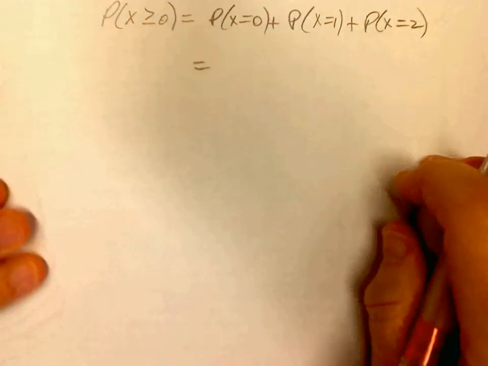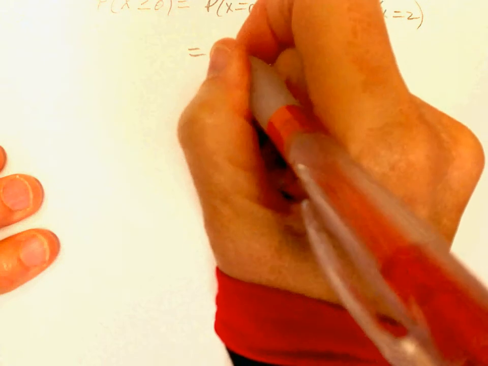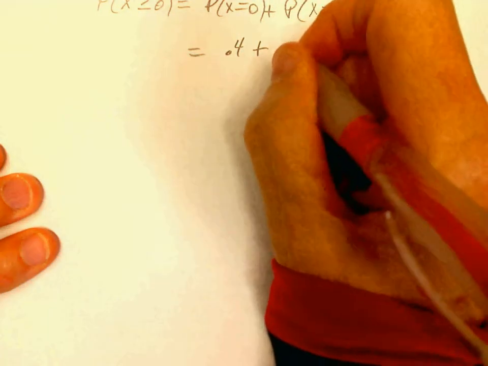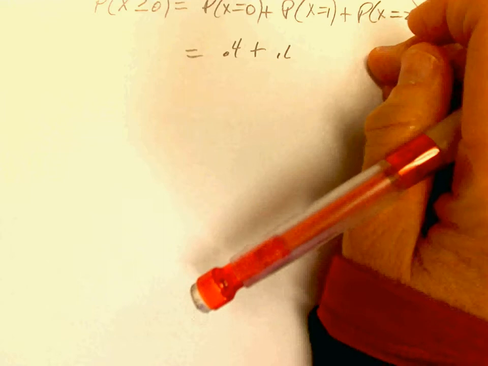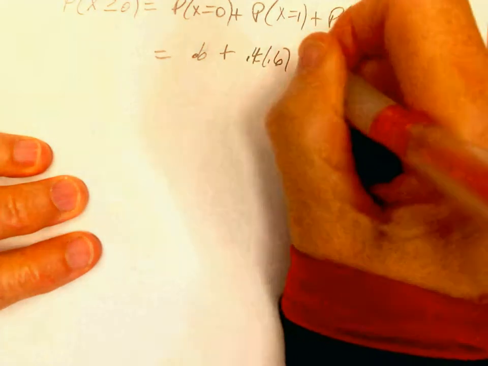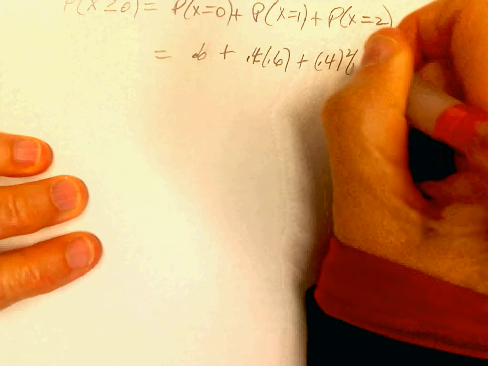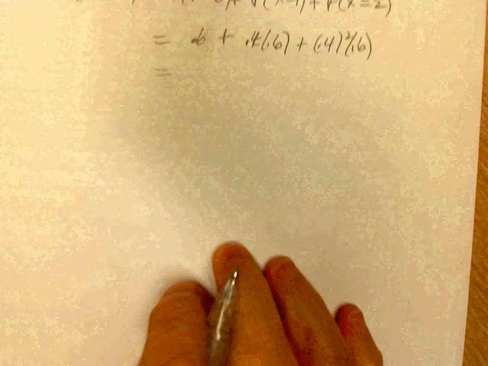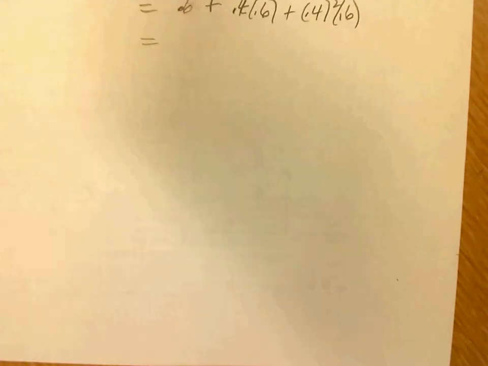So on the first one it'd be 0.4, no, the probability for getting an A is 0.6, right? 0.6 plus 0.4 times 0.6 plus 0.4 squared times 0.6. That's 0.936.